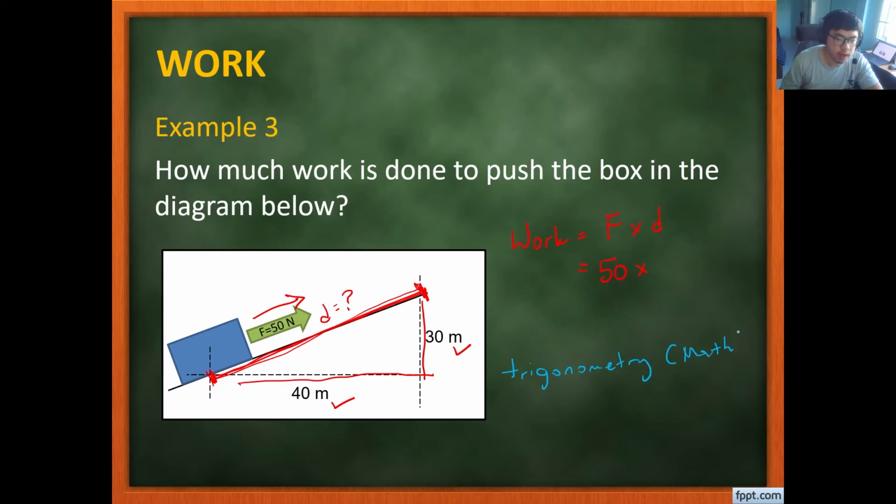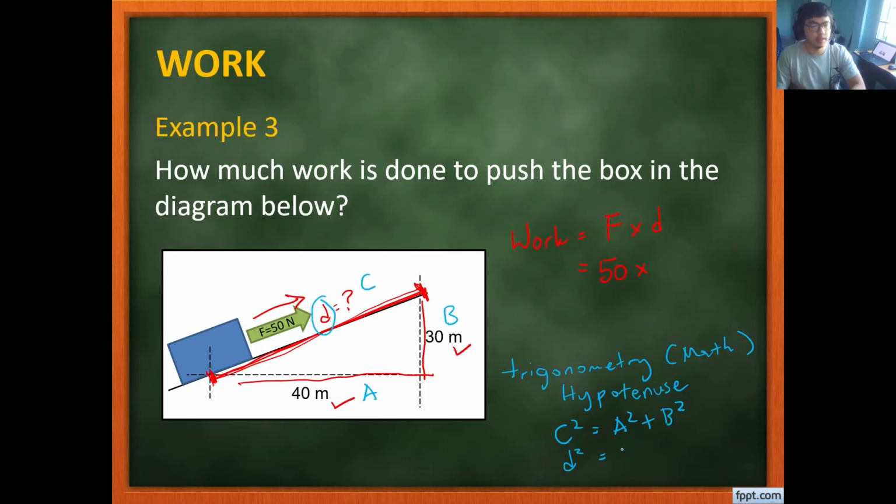So how do you find the hypotenuse of a triangle? You use this equation of c squared is equal to a squared plus b squared, where this is a, this is b, and this will be c. Okay, so c squared is basically d here in this case. That's what you want to find, the hypotenuse itself.